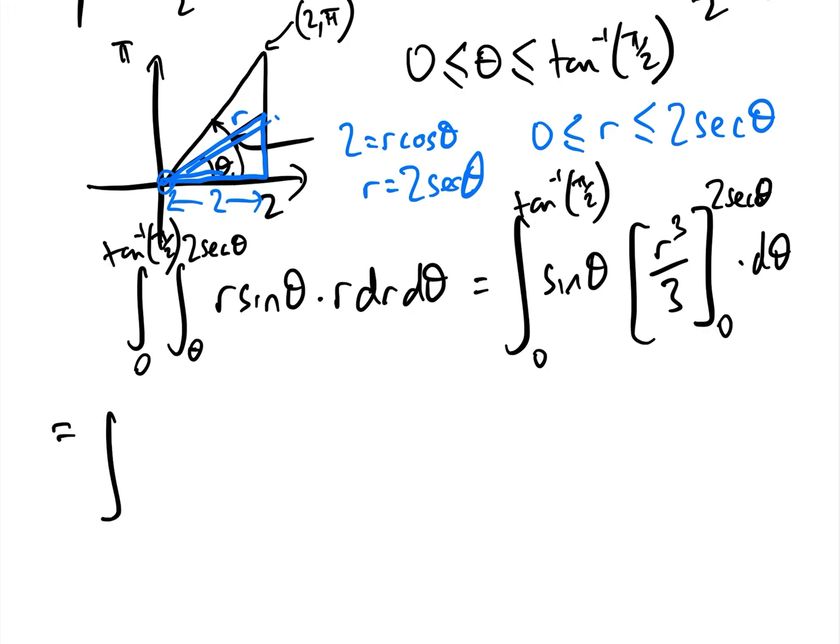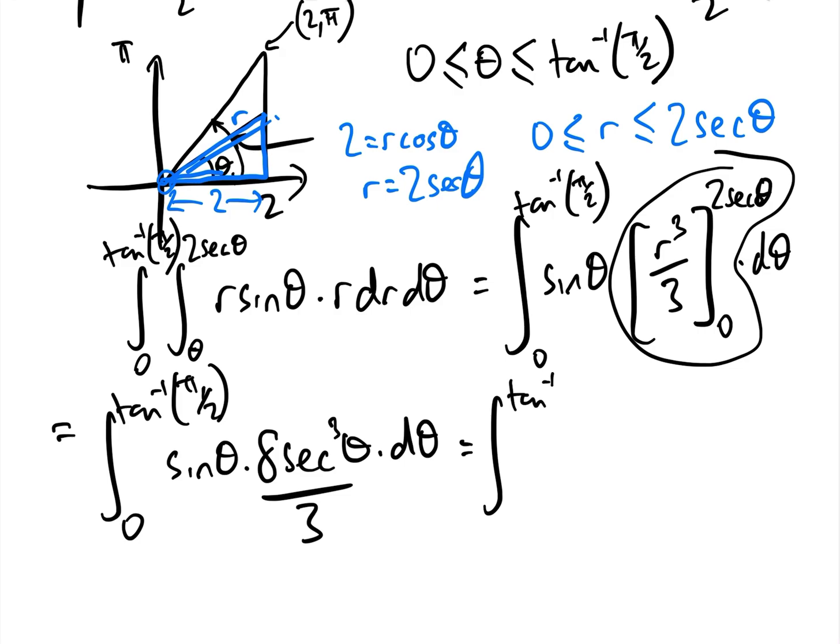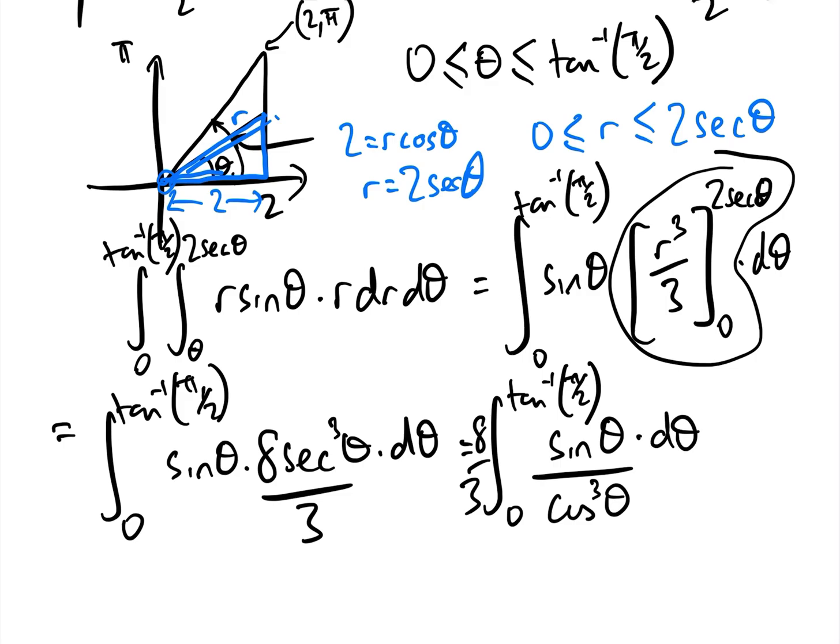So that gives us the integral between tan to the minus 1 of pi over 2 and 0 of sine theta times, just evaluating this bit here, 8 sec cubed theta over 3 d theta. And that equals the integral from tan to the minus 1 pi over 2 to 0. And let's just take the 8 out, 8 over 3, make it a little bit simpler. That equals sine theta over cos cubed theta d theta.